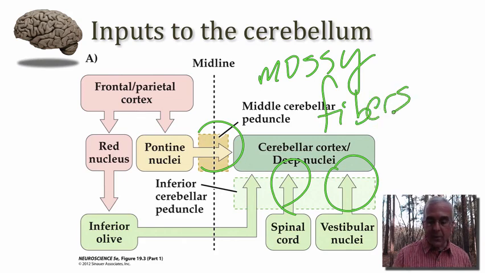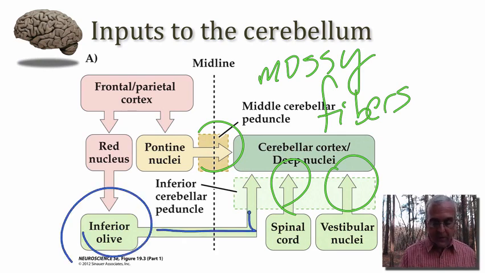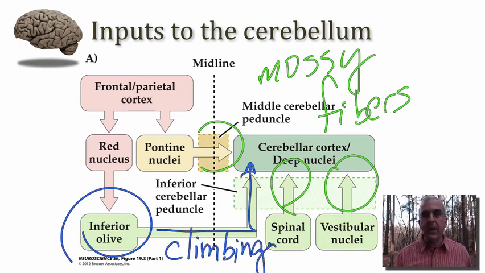And this is a bit of a shorthand term to describe all of this afferent input that is converging on the circuitry of the cerebellum, all except for one very special kind of input. And that is the input that's coming from the inferior olive. This one type of input we call the climbing fiber. And the reason we call it the climbing fiber should be obvious in just a few minutes.